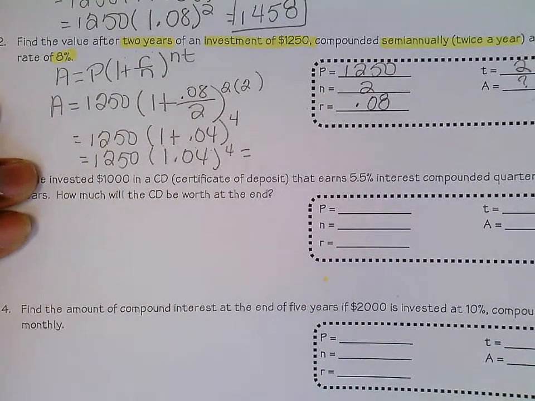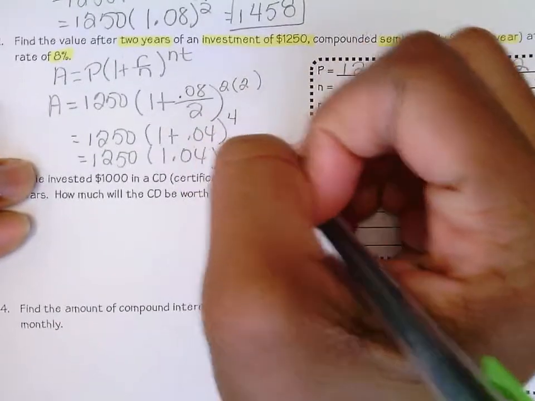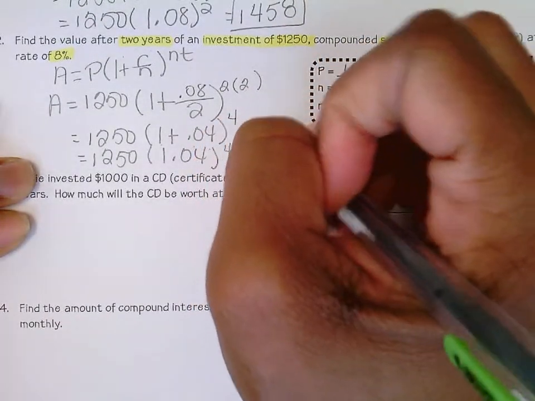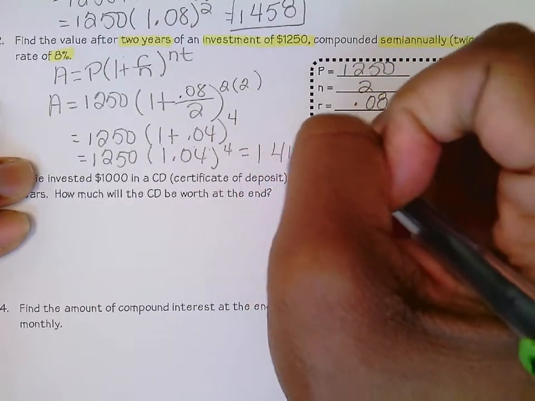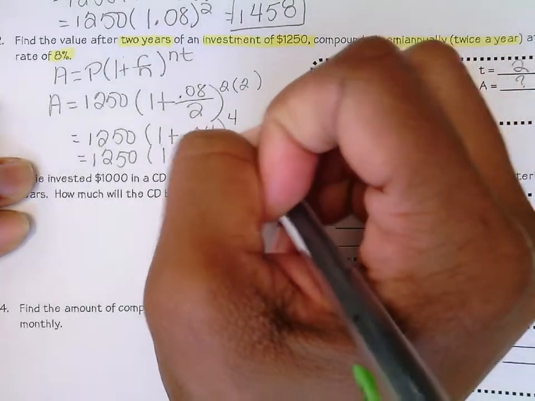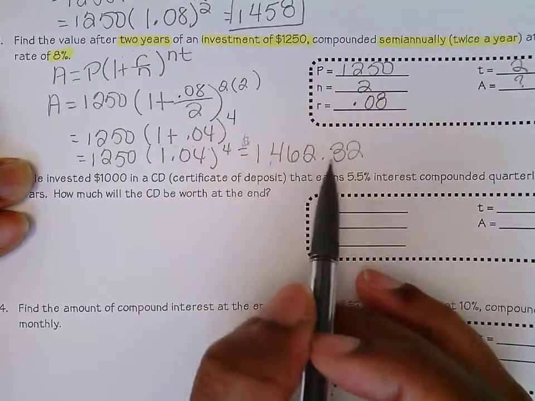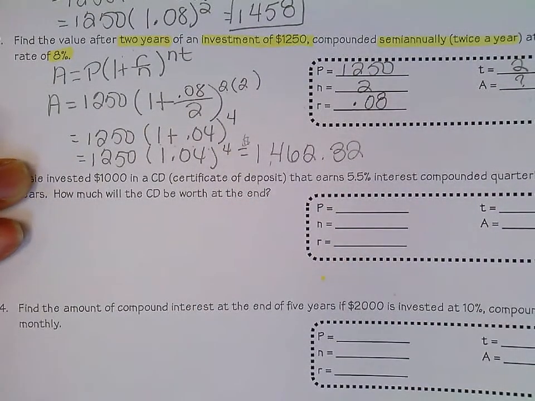And when I do that, I'm going to get $1,462.32. When you're dealing with money, you always round to the nearest hundredth. And here we're dealing with money, so we want every cent. We want it all the way up to that penny.